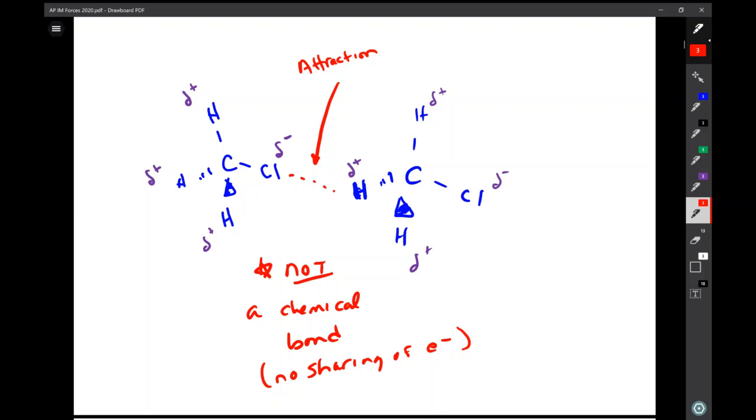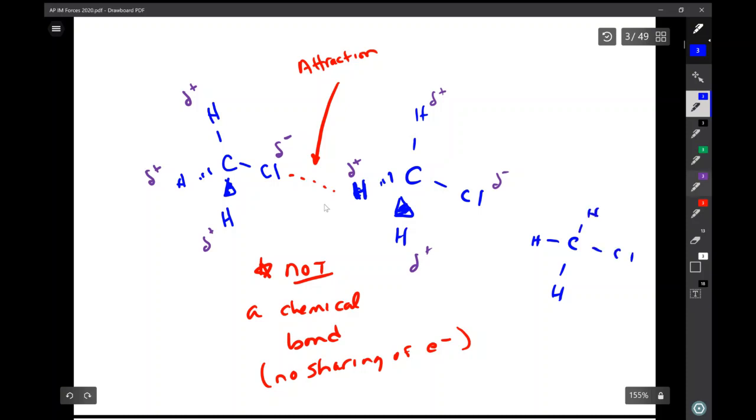This goes on with any other of the molecules. You can have another one over here, and you have your attractions here, and each molecule can hold on to multiple ones. So you can have a CCl, pardon my sloppy molecule writing here, and it can be attraction here.